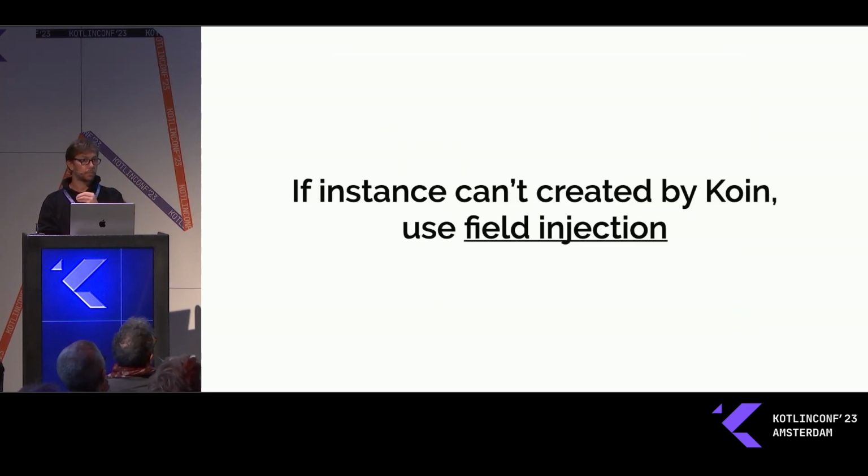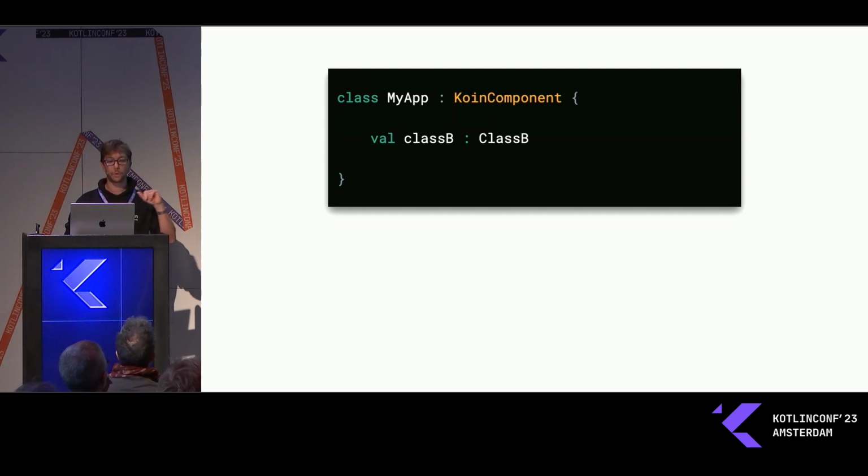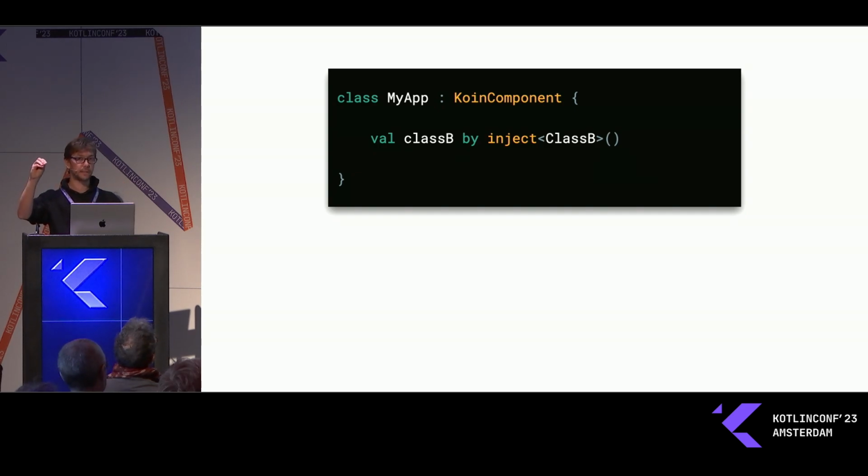In the case where the class that you want to instantiate cannot be created by Koin, you need to use field injection. In our case, for example, this class MyApp can't be created directly by Koin. Then you need something to inject your class B instance from Koin, and this is what we have: a KoinComponent interface that helps you unlock the Kotlin extensions from Koin, and gives you the power to use the inject function anywhere.